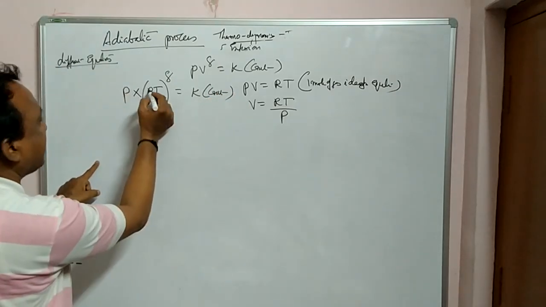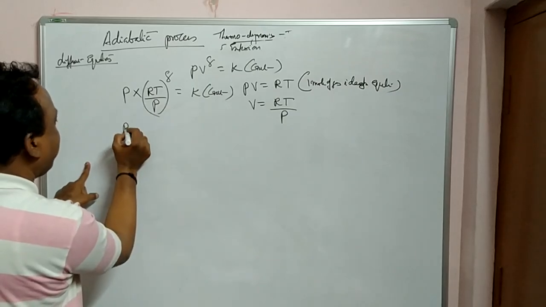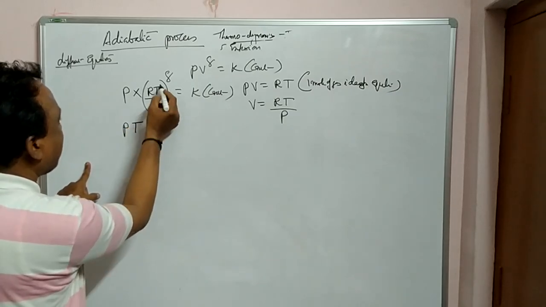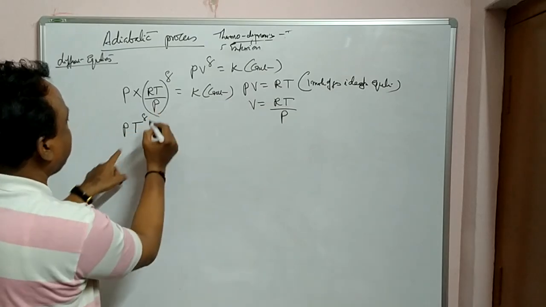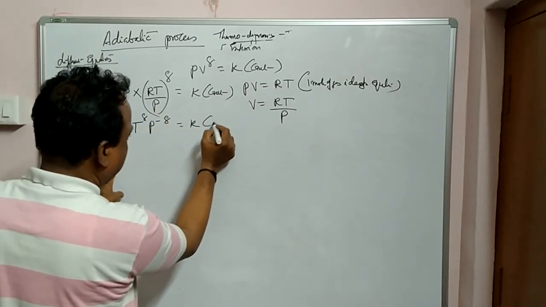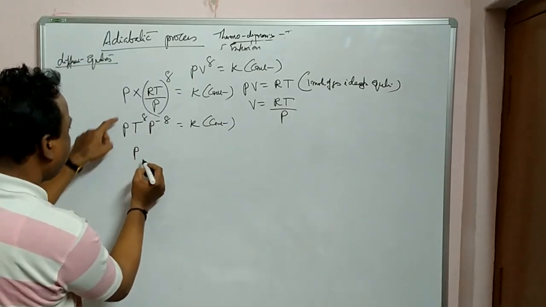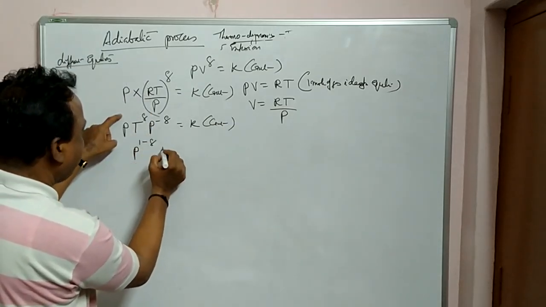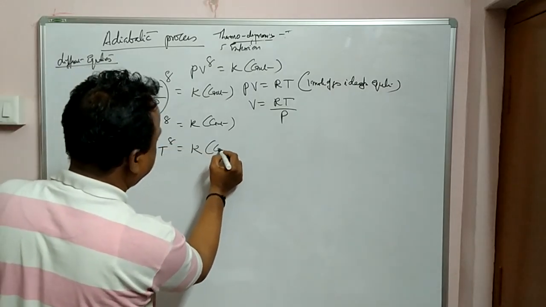Now R is constant, so it goes to the right side. So here P into T power gamma, and the P with power gamma goes up as P power minus gamma, is equal to constant. So P power 1 minus gamma T power gamma is equal to constant.